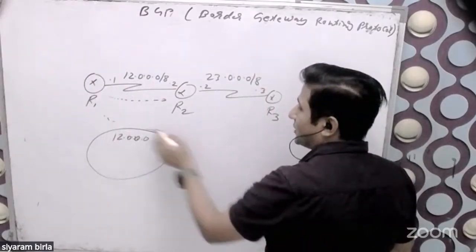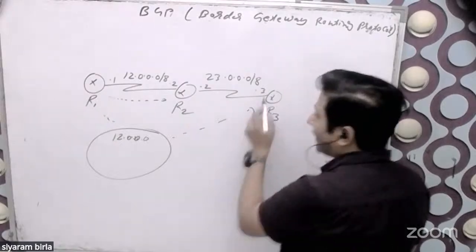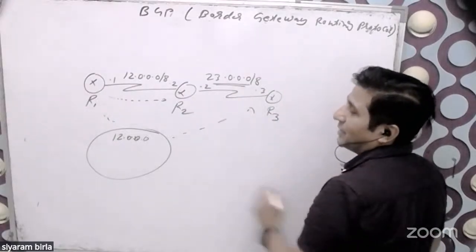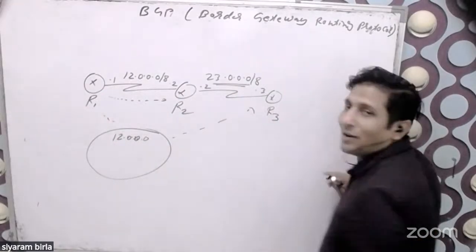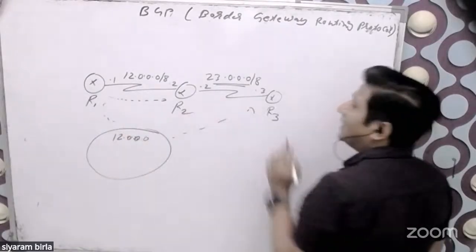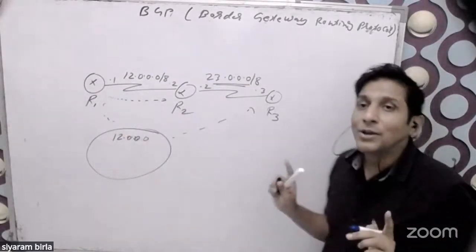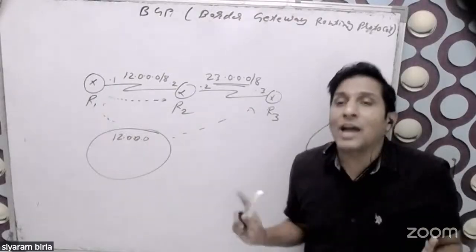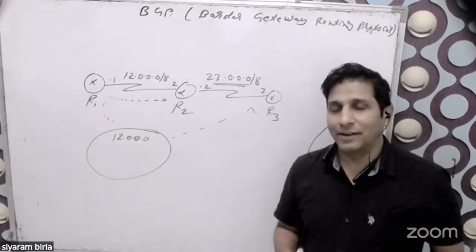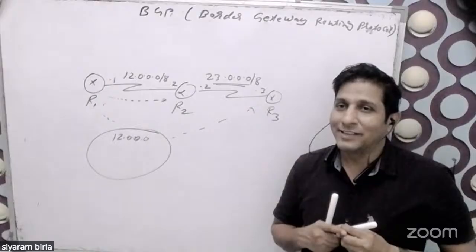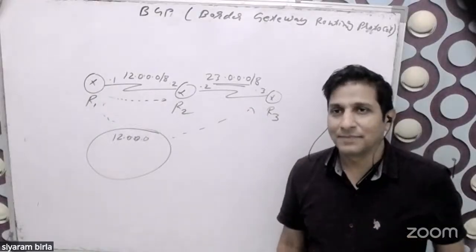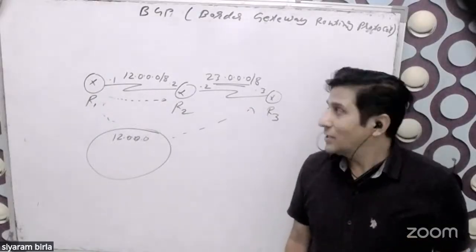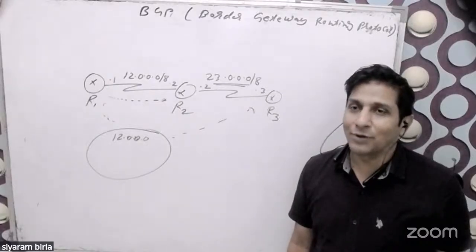Suppose this update packet is sent to R3. R3's network IP is 23 and the other network IP is 12. So R1 and R3 cannot become neighbors because their network IPs are different. That is the problem. They cannot create the neighbors, because the network IP is different.